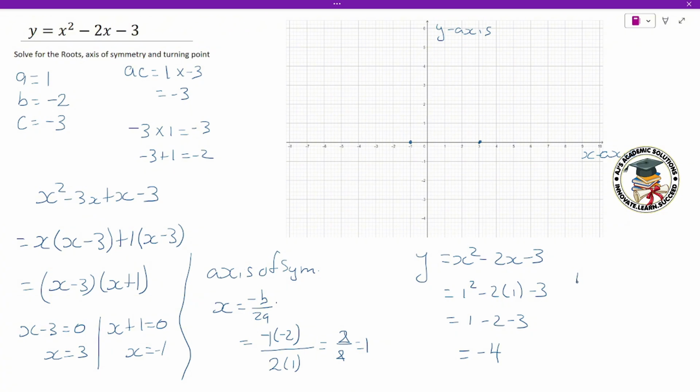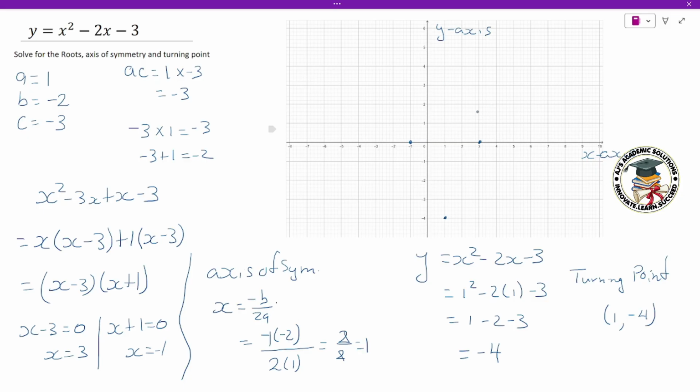And our turning point, let me just add this here now. It's going to be equal to the axis of symmetry x value, which is 1, and what we saw for y being negative 4. So we're looking at positive 1 and coming all the way down to negative 4, and that would be the point.